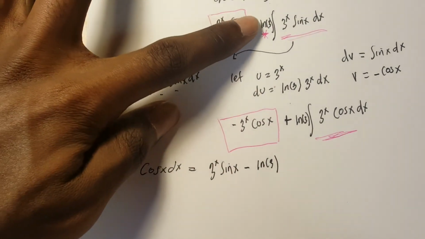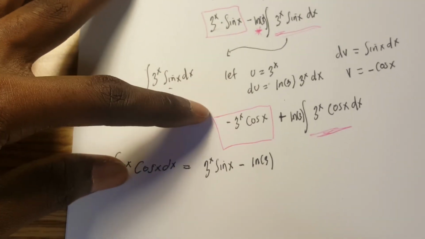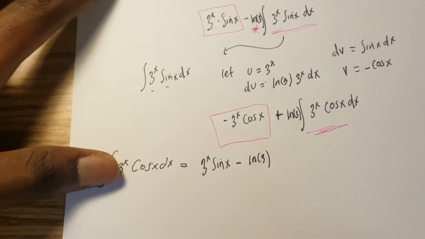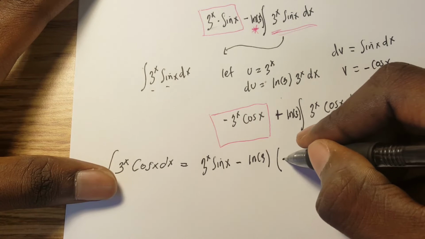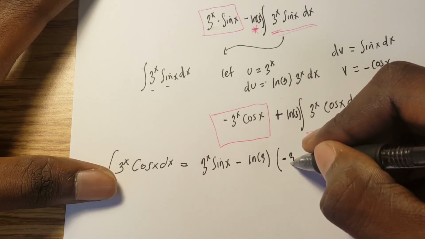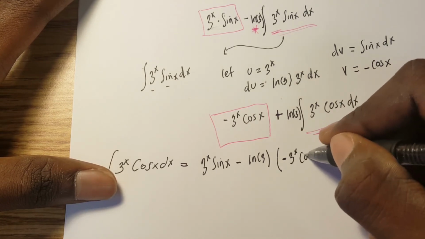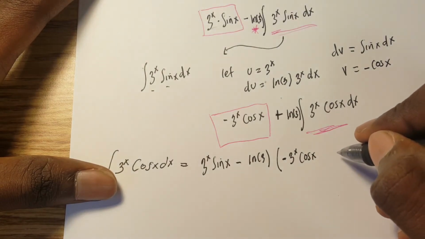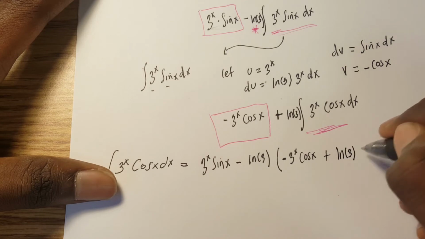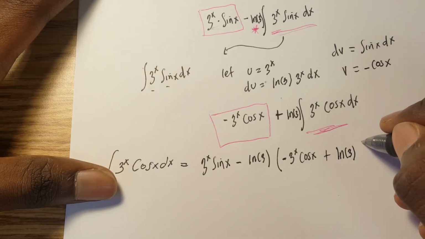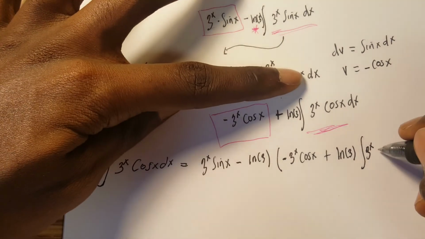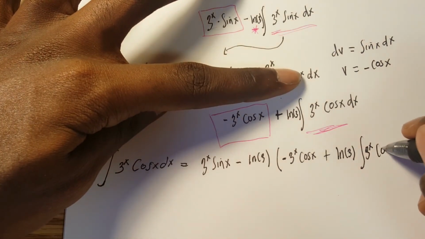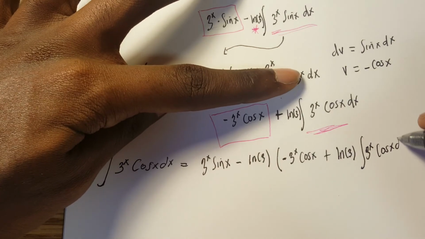That is our natural log of 3 here, which is being multiplied by the whole of this. Multiplied by minus 3^x cosine of x plus natural log of 3^x cosine x dx.